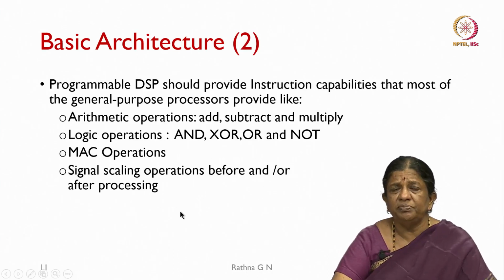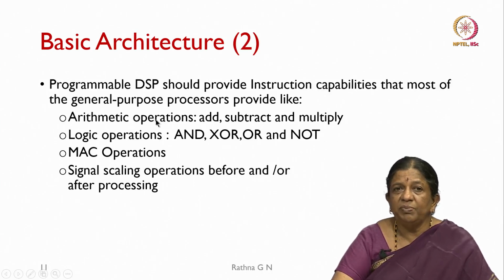So, continuing with the architecture, what are the other things we need? One is arithmetic operations like any other general purpose processor: add, subtract, and multiply is one extra we will be adding. Other support has to be logic operations like AND, XOR, OR or NOT, and what we need extra is the MAC operation because we need multiply and accumulate.